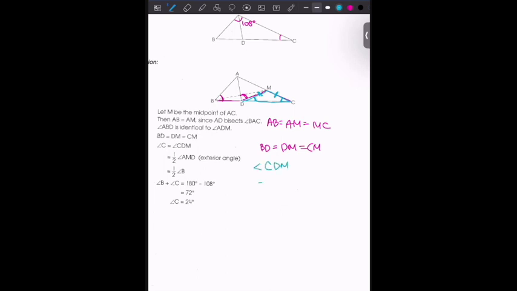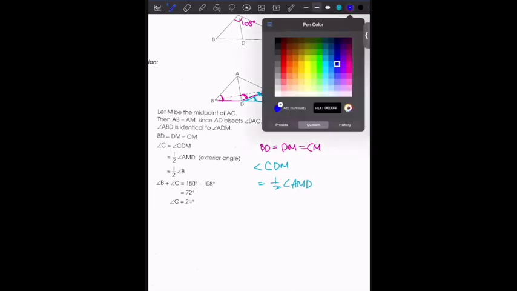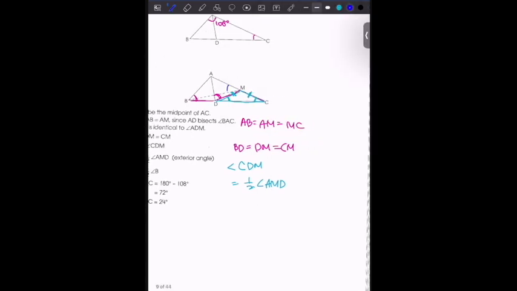And that is going to be 1/2 of angle AMD, and angle AMD is over here. That's going to be our exterior angle.